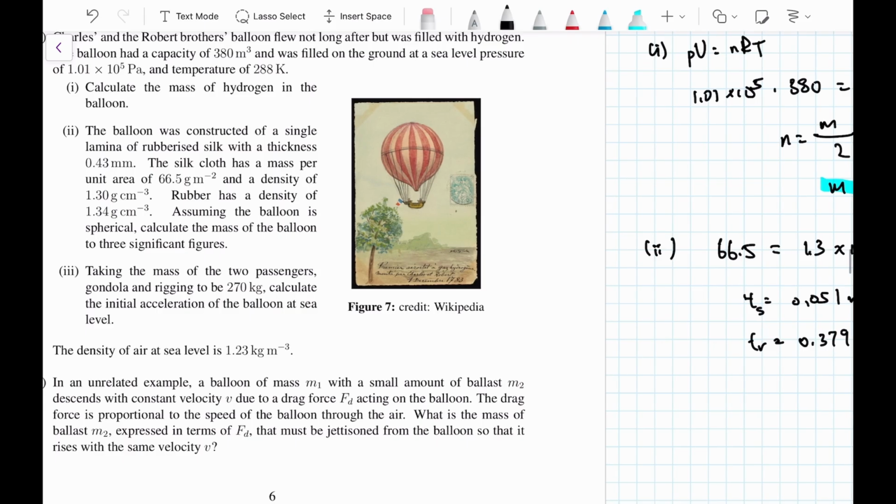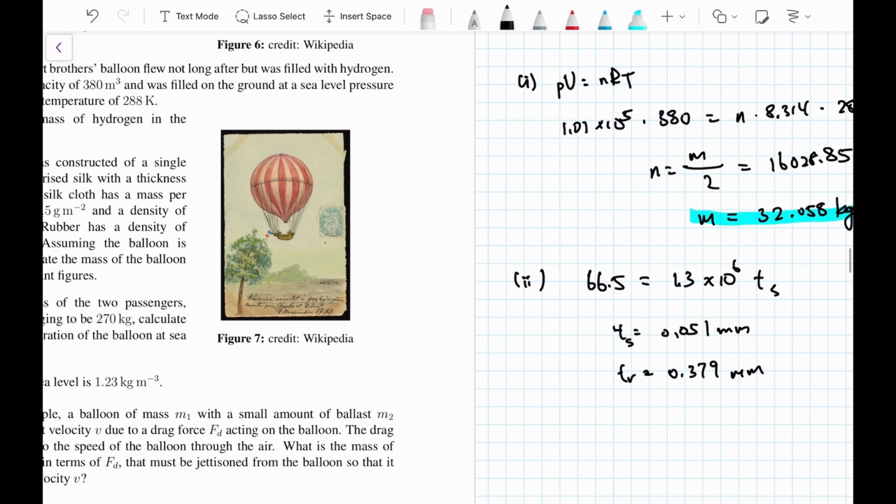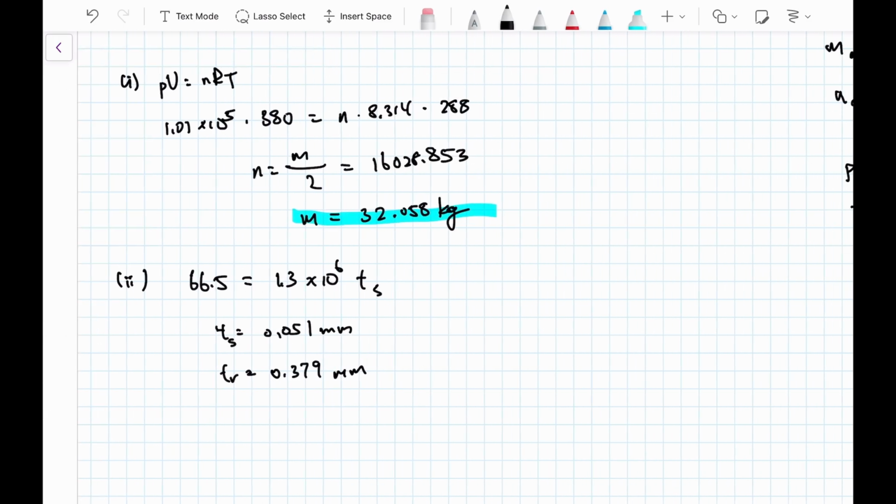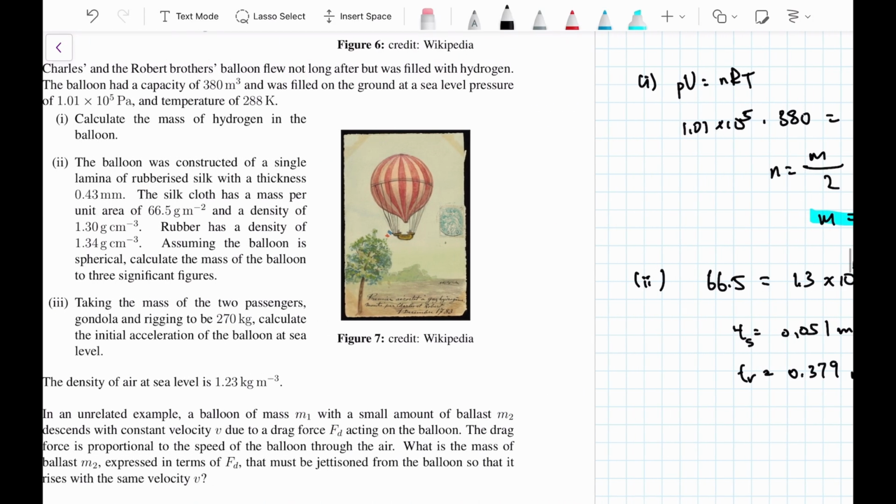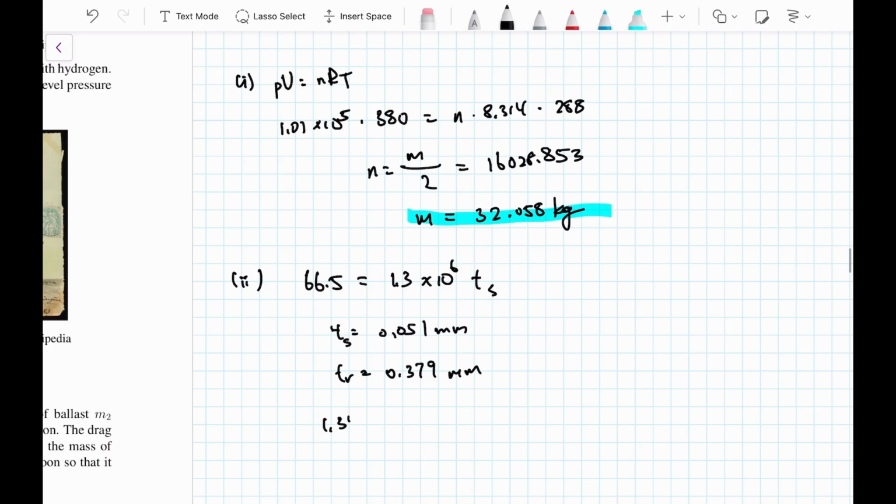And then we can calculate the area. It didn't give us the area. Then how do we calculate the mass? Because we're given the unit area and, oh okay, we're given a volume, so we can just calculate that. So the mass per unit area for the rubber should be equal to 1.34 times 10 to the 6th and then multiplied by 0.379.